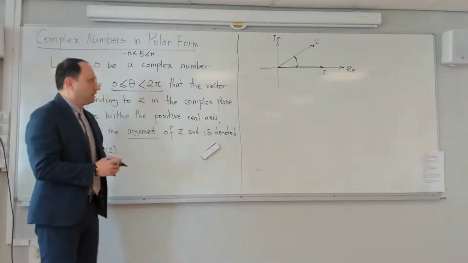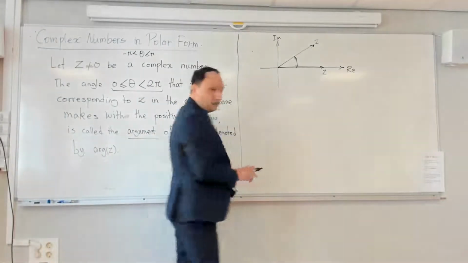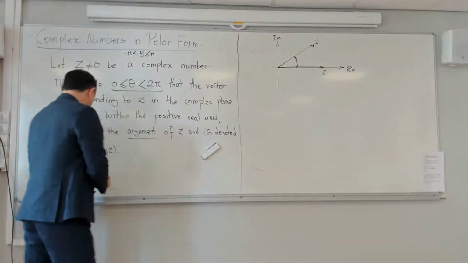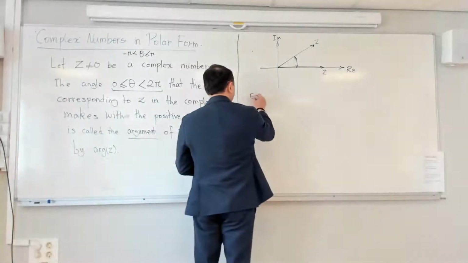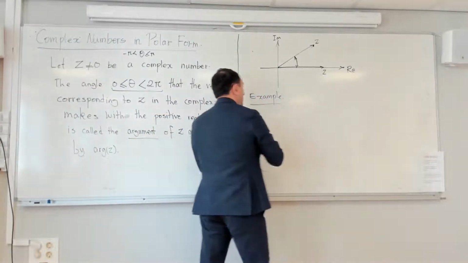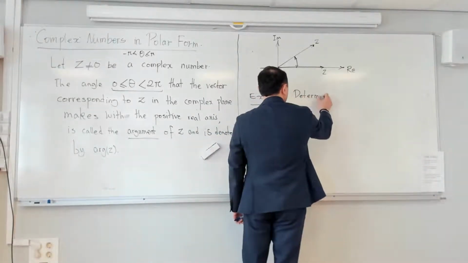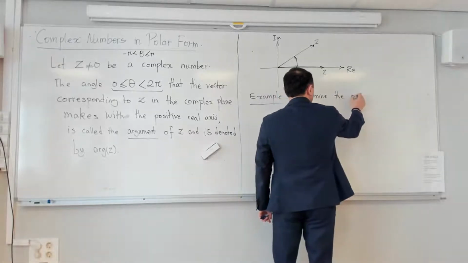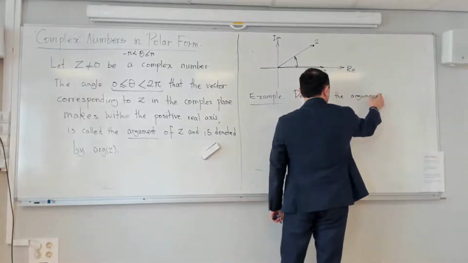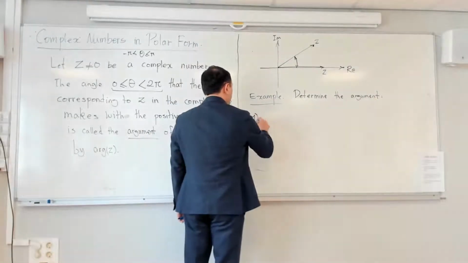So this is a very simple task to do. So let us give you some examples. So let me write this example here. So determine the argument. Okay, so for example, let me just start with a very simple one.